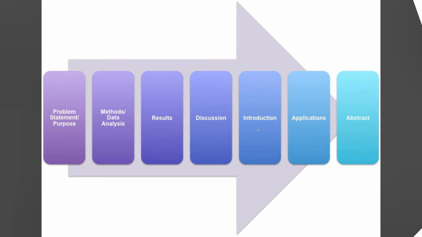So if you do decide to do this, make sure before you draft the introduction section that you go back and read these sections and make sure everything flows well. You can see within this chart we have our purpose, our methods, our results, our discussion, and then we have our introduction section as one of the last pieces being written.